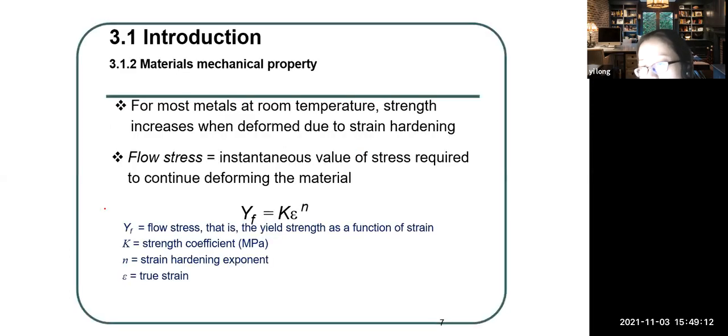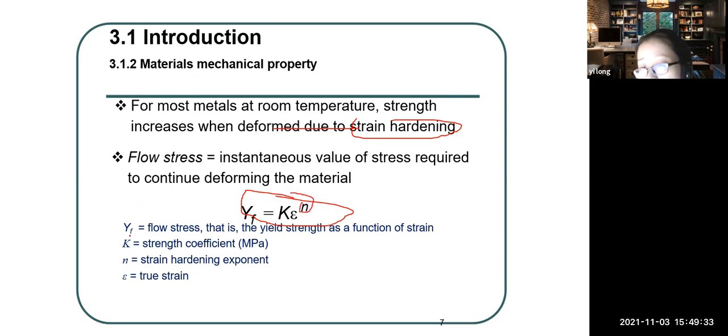The first question is actually very simple, right? I think that's why I said these 2 weeks the content is very straightforward. For most metals at room temperature, strength increases when deformed due to strain hardening. So we can use these equations, K, n here.